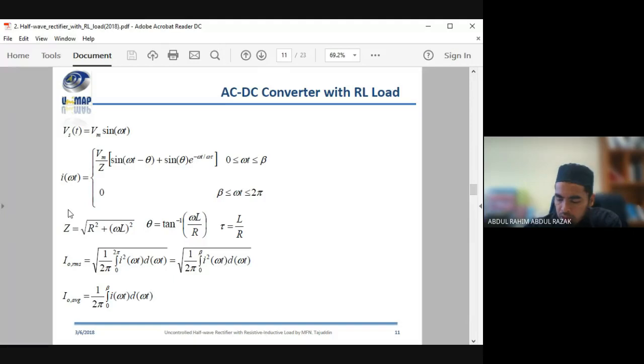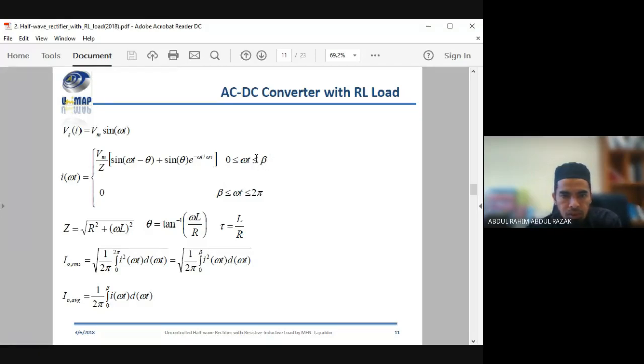Okay, in terms of the curves that you might have or expect to get, for voltage we shall have a pure sine wave, composed of the maximum magnitude of voltage, Vm sine omega t. And the current waveform is affected by the angle beta here, the extinction angle.